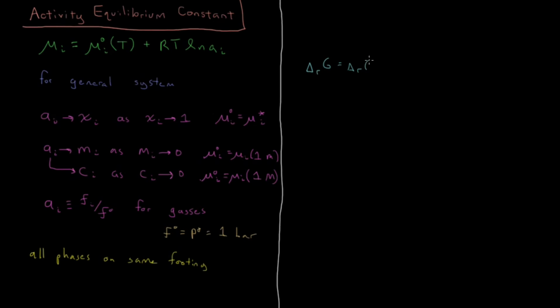It is going to equal the standard Gibbs energy of reaction plus RT, and if we have some hypothetical reaction that I have defined, nu A A plus nu B B, again, this reaction just being used as an example throughout this series on chemical equilibrium, the capital letters being chemical species and the nus being their stoichiometric coefficients.